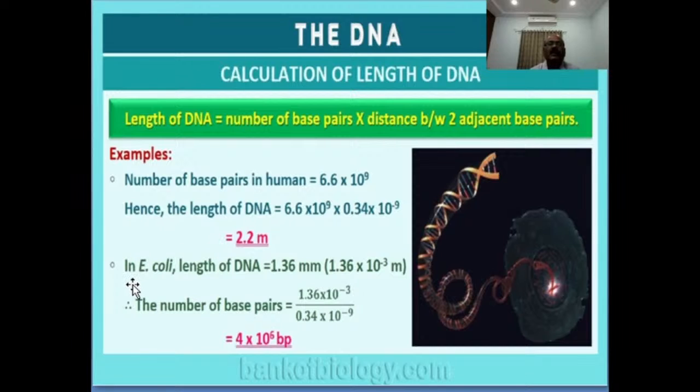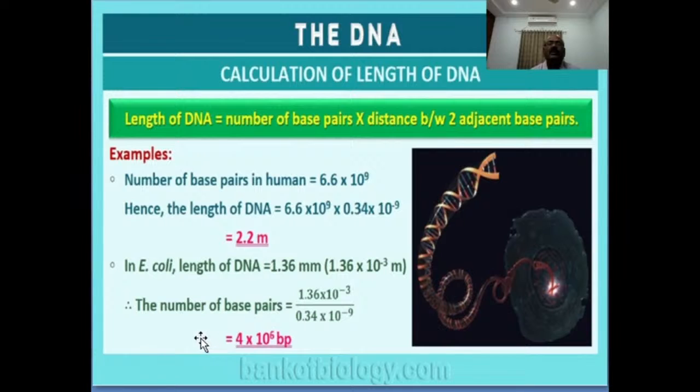In E. coli, length of DNA is 1.36 millimeter. That means 1.36 into 10 to the power of minus 3 meters. So the number of base pairs is 1.36 into 10 to the power of minus 3 by 0.34 into 10 to the power of minus 9, equal to 4 into 10 to the power of 6 base pairs.